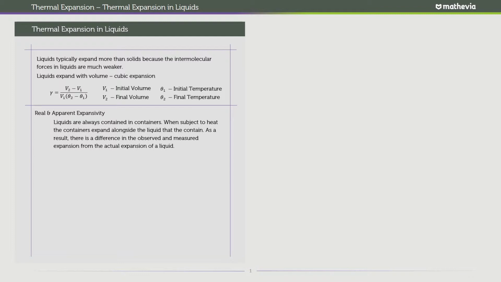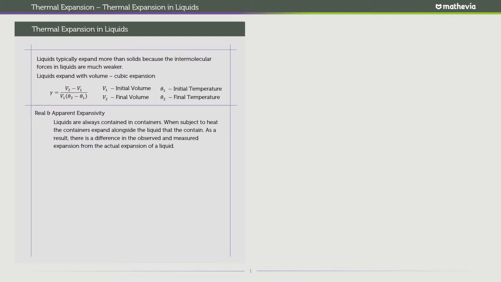The real expansivity of a liquid is the actual expansivity of that liquid, what's actually happening. But the apparent expansivity is what you observe. There's a difference in what's observed compared to what's actually happening, as a result of the fact that the container expands as well.